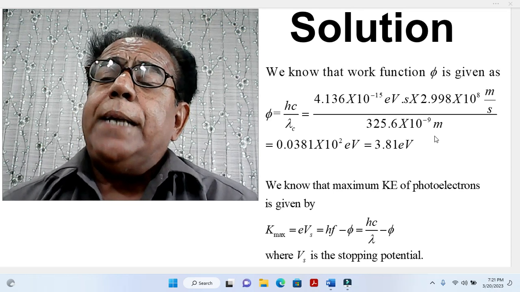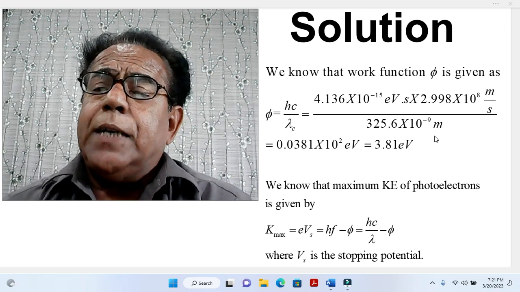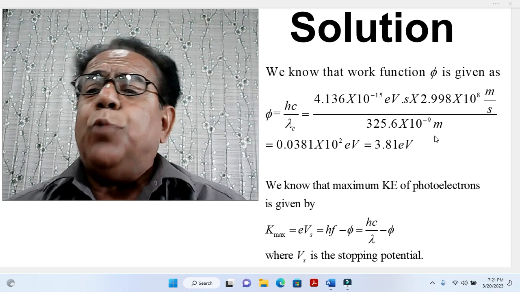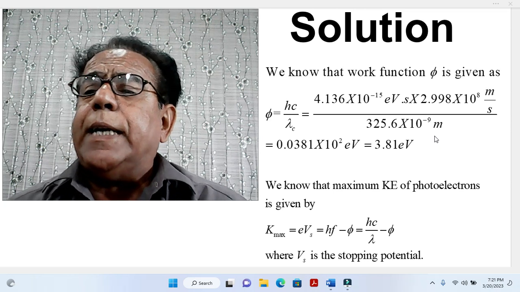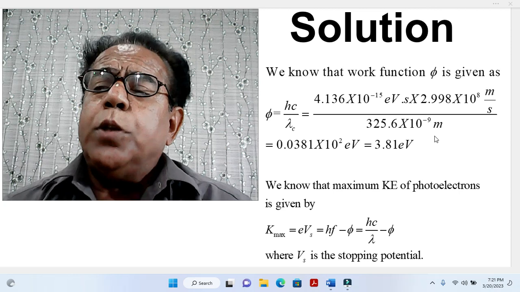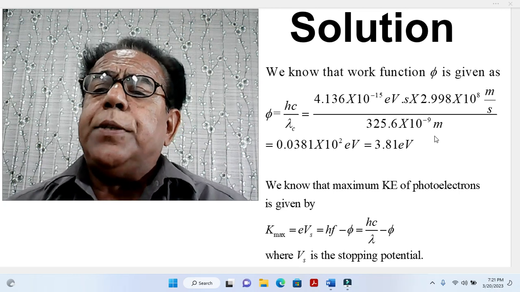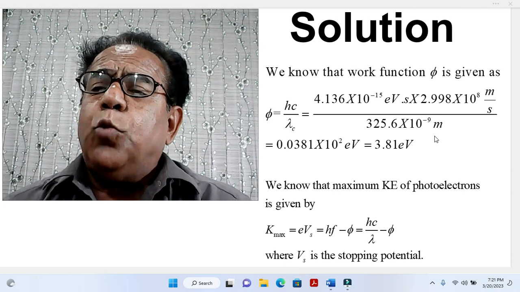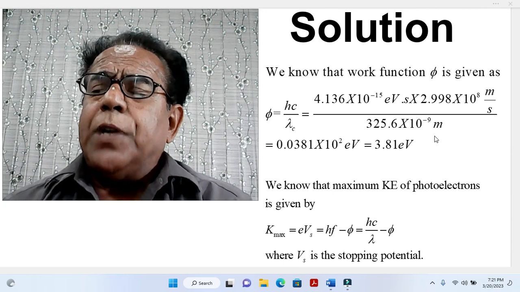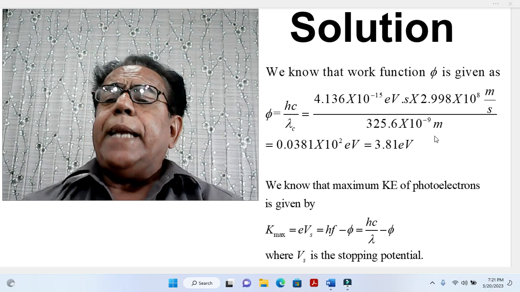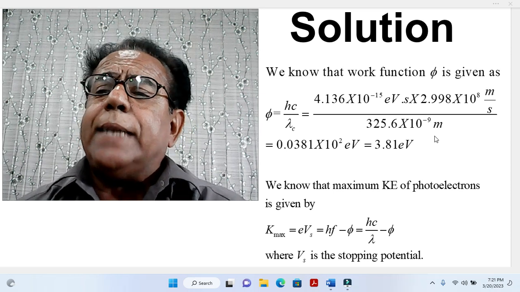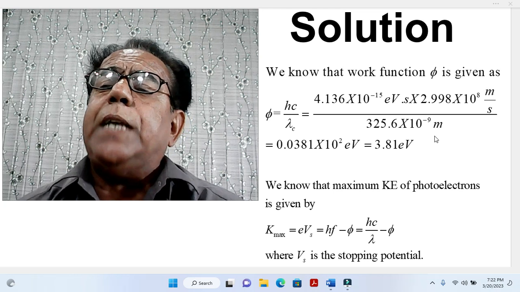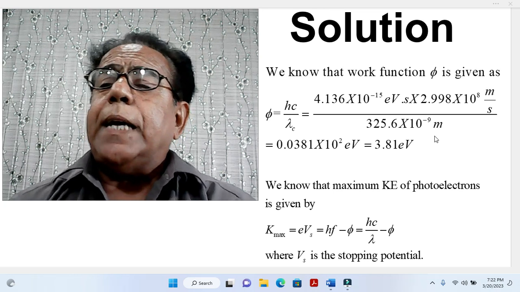But 10 to power 2 is 100, and when 100 is multiplied with 0.0381 it becomes 3.81 electron volt. Both values are equal; this is the work function, alternatively written as 3.81 electron volt. That is to say, we have eliminated the power of 10.